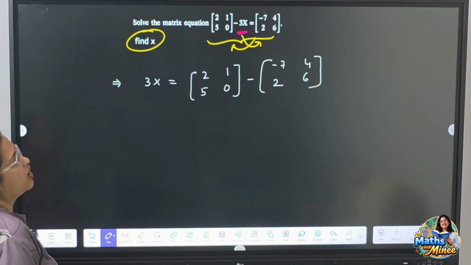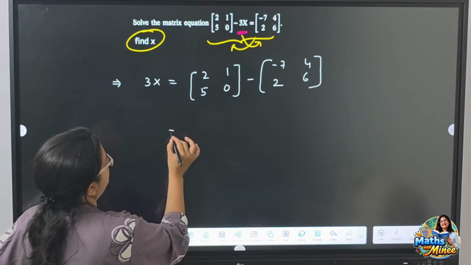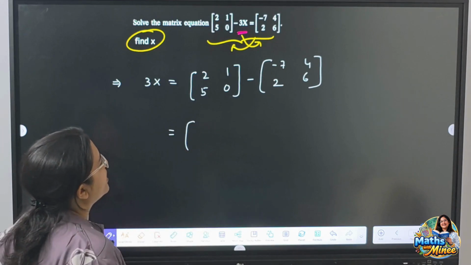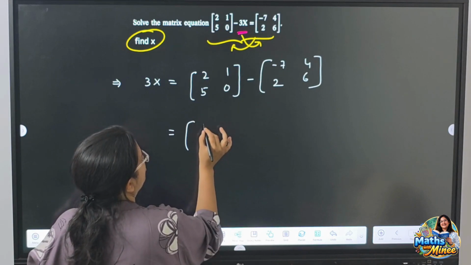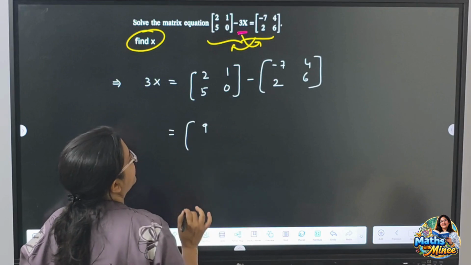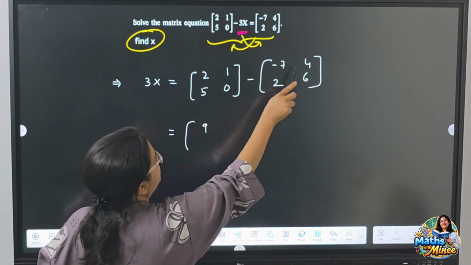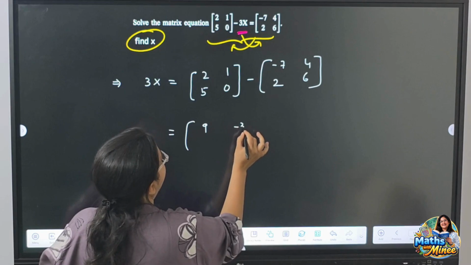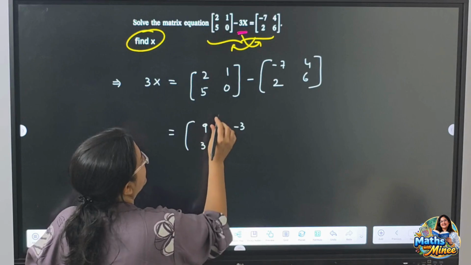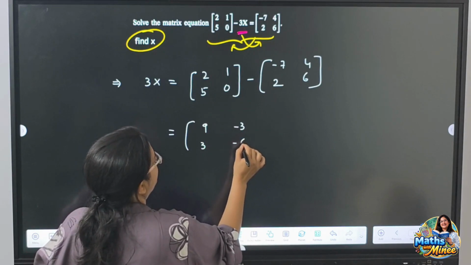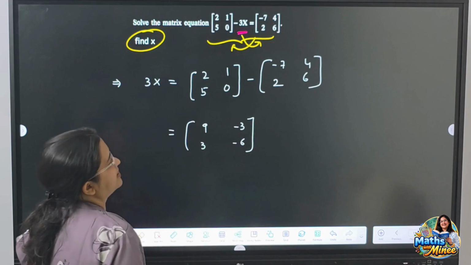Now we'll do the subtraction. So 2 minus minus is plus, so 2 plus 7 is 9, 1 minus 4 is equal to negative 3, 5 minus 2 will be 3, 0 minus 6 will be negative 6.